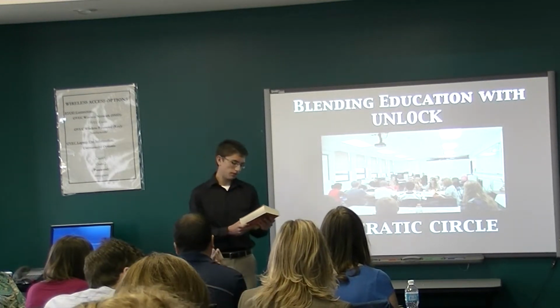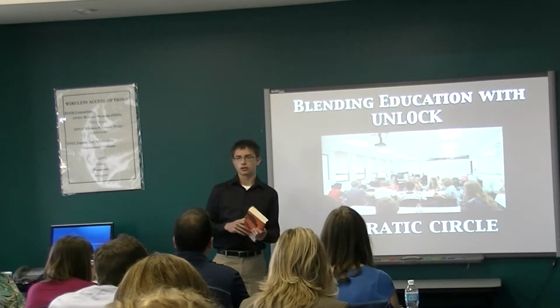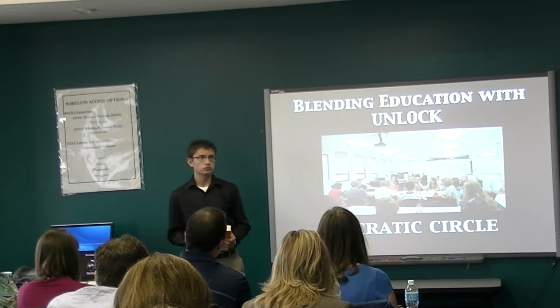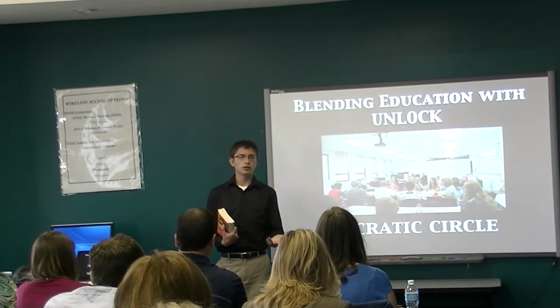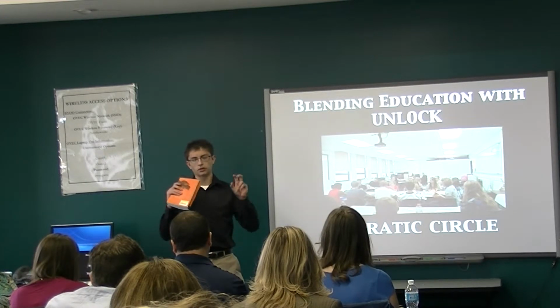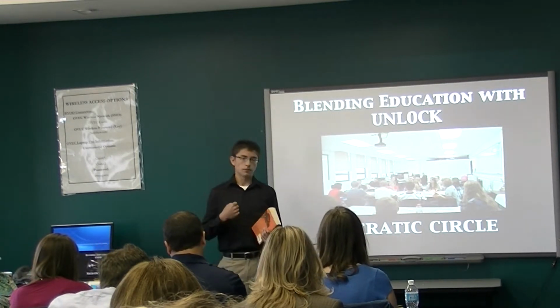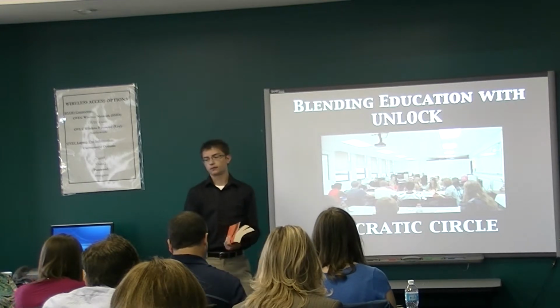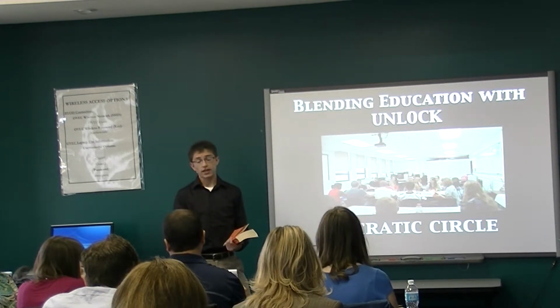The Poisonwood Bible is about a Baptist family that goes to Africa, to a place called the Congo. They go there because they think they need the American way, because they think America is doing better off than the Congo. They find out that they can't do the American way.